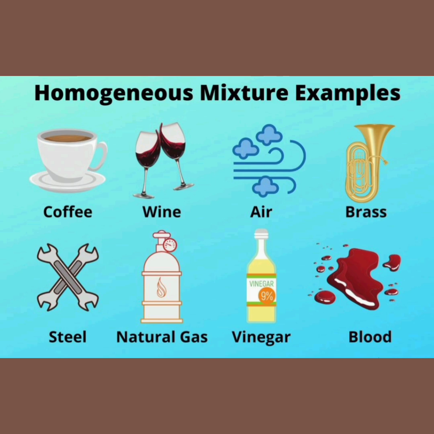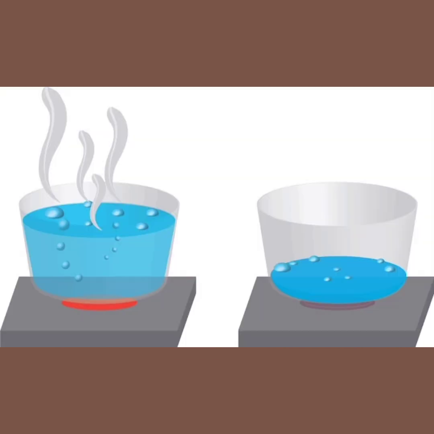In that case, it is a homogeneous mixture. Since it looks uniform throughout, the components are not visible separately, so you have to separate it by evaporation, distillation, chromatography, and those types.